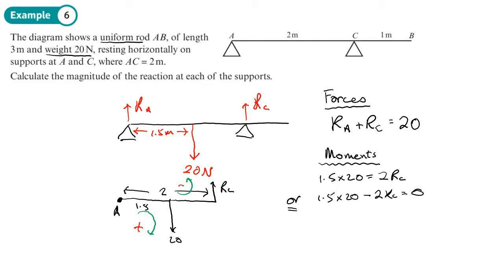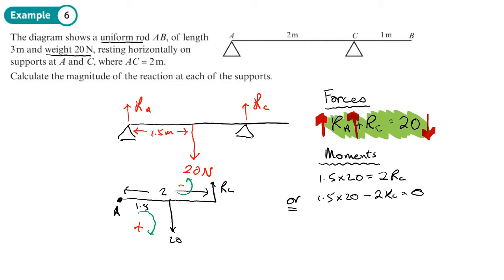Yeah, the sum of the moments is 0. So up here we've got that the forces are equal, the upward forces, which are these two, that one and that one, equal the downward force. And here we've basically got that the clockwise equals the anti-clockwise.